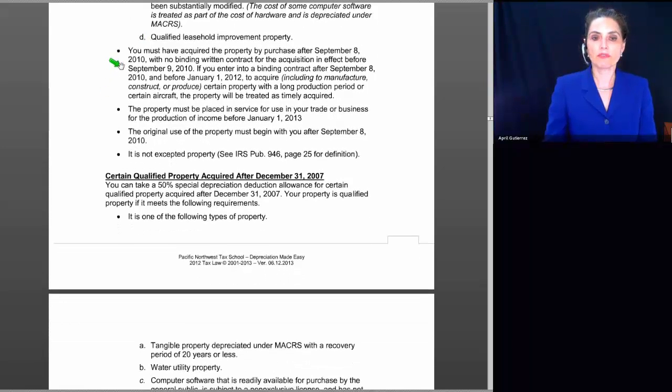You must have acquired the property by purchase after September 8, 2010 with no binding written contract for the acquisition of that property that was in effect before September 9, 2010. If you entered into a binding contract after September 8, 2010 and before January 1, 2012 to acquire that property, including to manufacture, construct, or produce certain property with a long production period or certain aircraft, then that property will be treated as timely acquired.